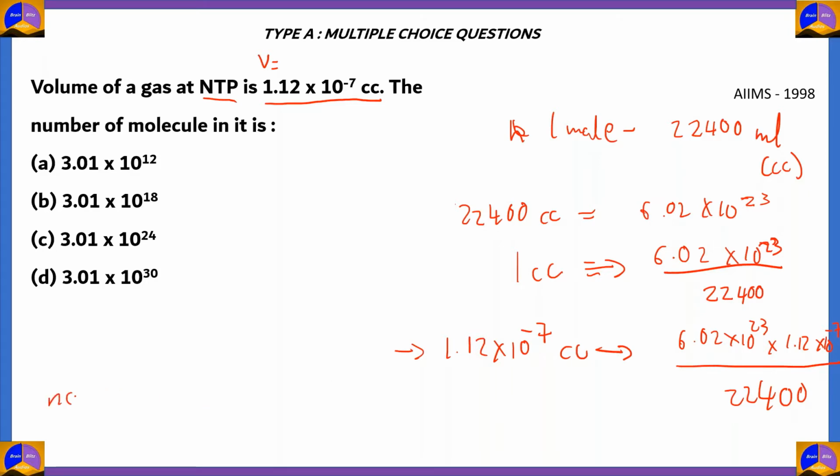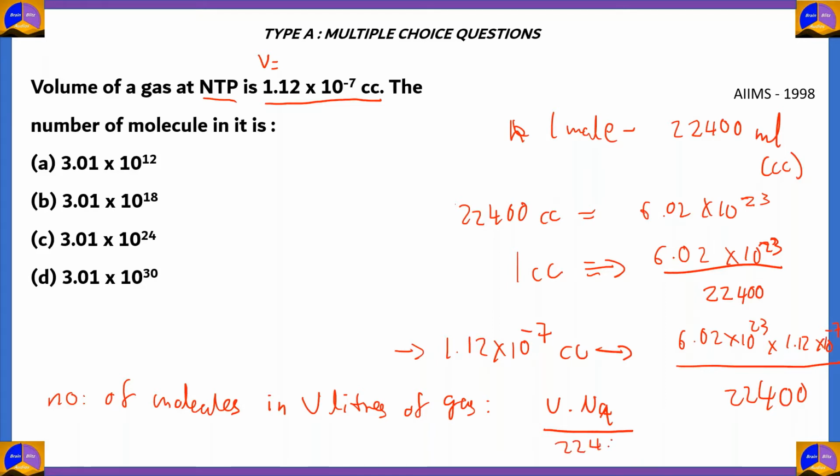It can be expressed as number of molecules in V liters of gas will be equal to V times NA. So V is the volume, 1.12 into 10 raised to minus 7 times Avogadro's number, 6.02 into 10 raised to 23, divided by 22400, because we're expressing it in cubic centimeters.